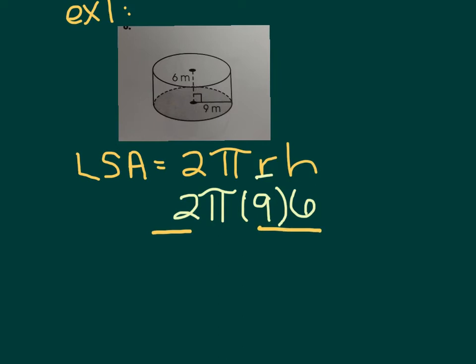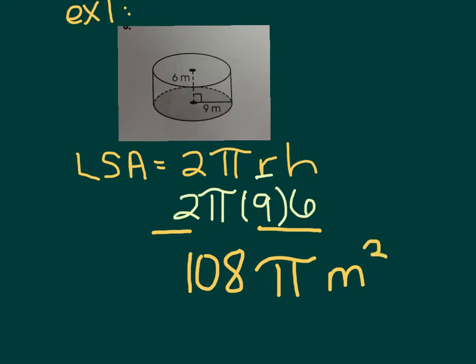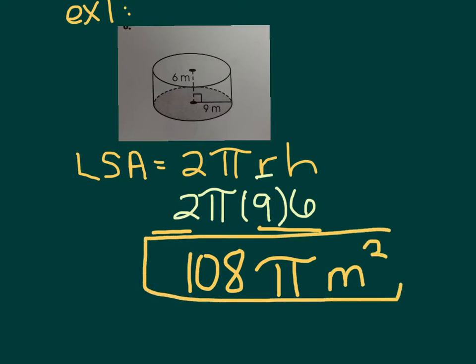So 2 times 9 times 6, and then we're just going to leave the pi with our answer. So it's going to be part of it. So 2 times 9 times 6 is 108. So I would like you to leave your answer as 108 pi meters squared. This is the closest we can get to the exact answer. That way we're not having to round at all.